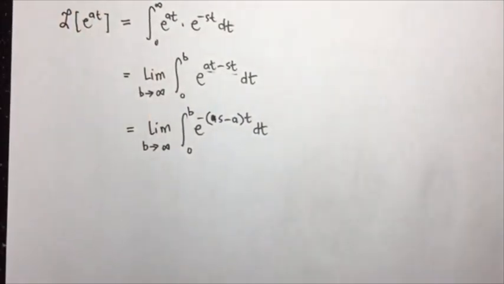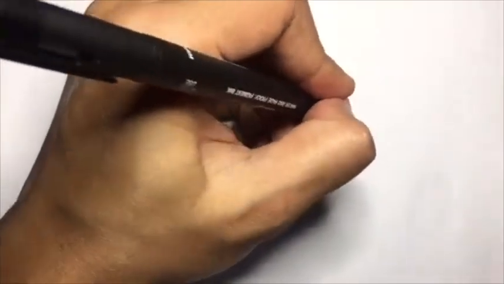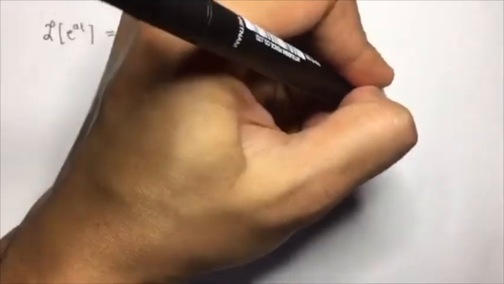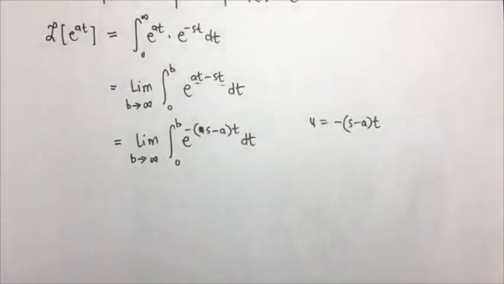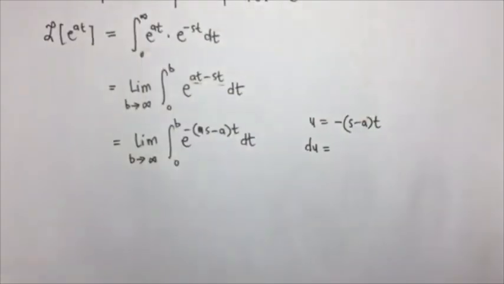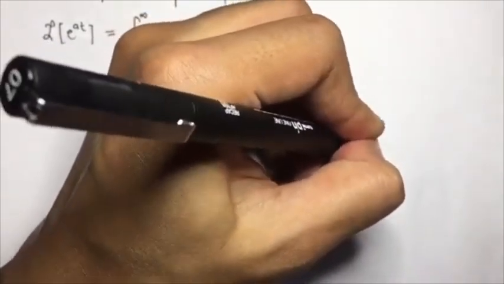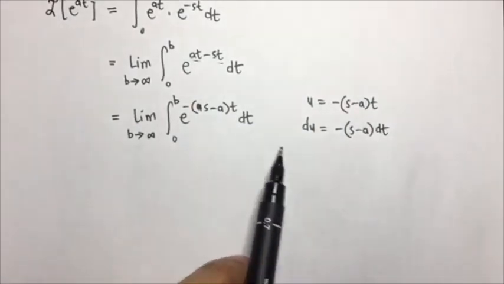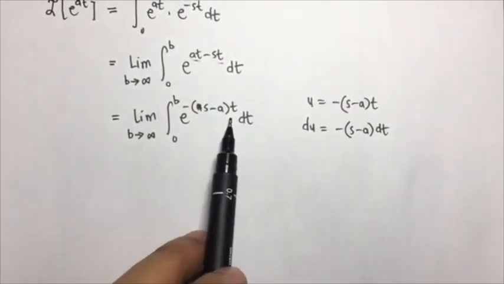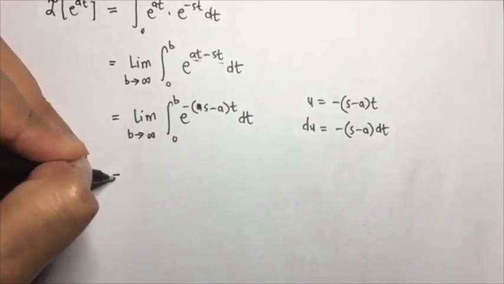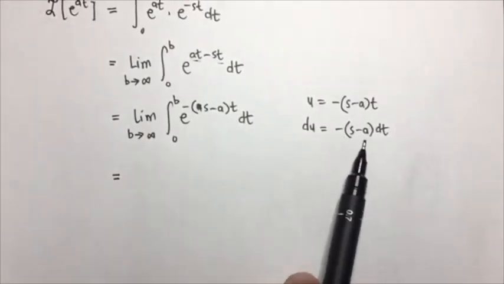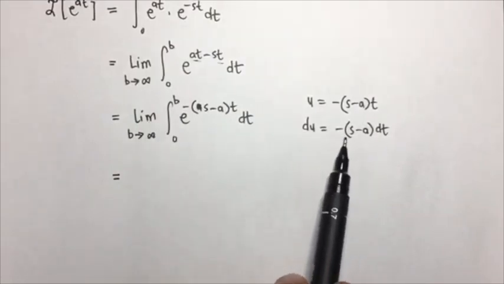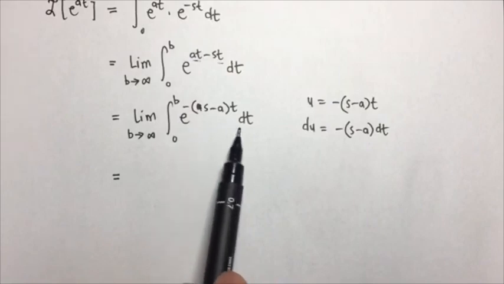Okay, so integrating this, this is the integral of an exponential function again, where our u here is negative s minus a times t. Therefore our differential part must be negative s minus a dt. So we have a missing factor of negative s minus a, so we must write that to complete the differential, and then write the reciprocal of the factor that we multiplied with the integrand.